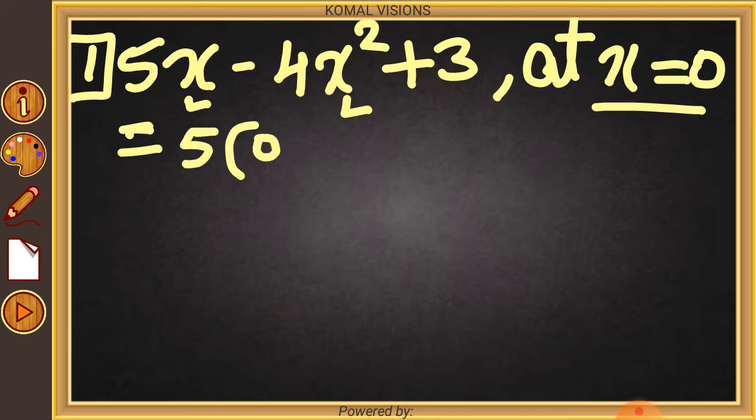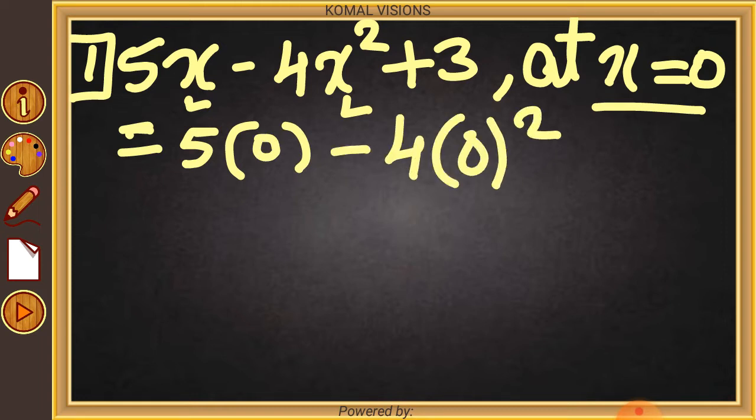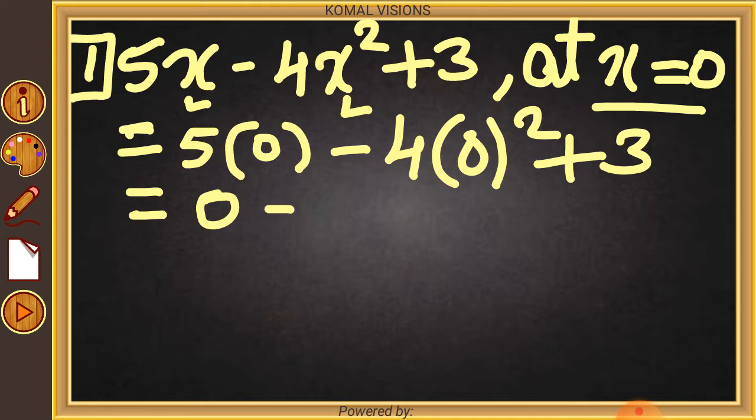5 into 0 minus 4 into 0 square plus 3, which is equal to 5 zeros are 0, minus 4 into 0 square is 0 again, plus 3.